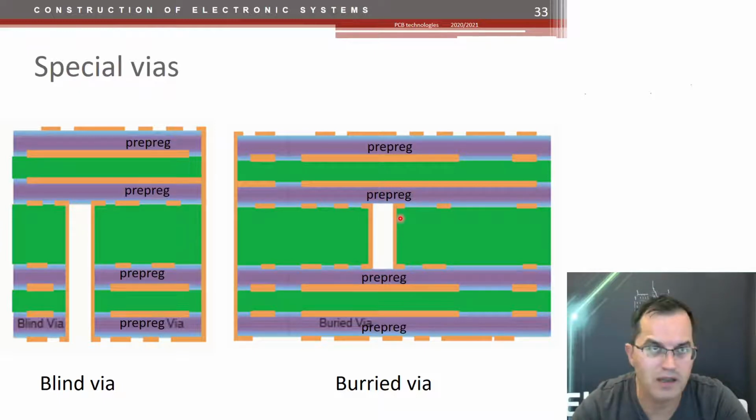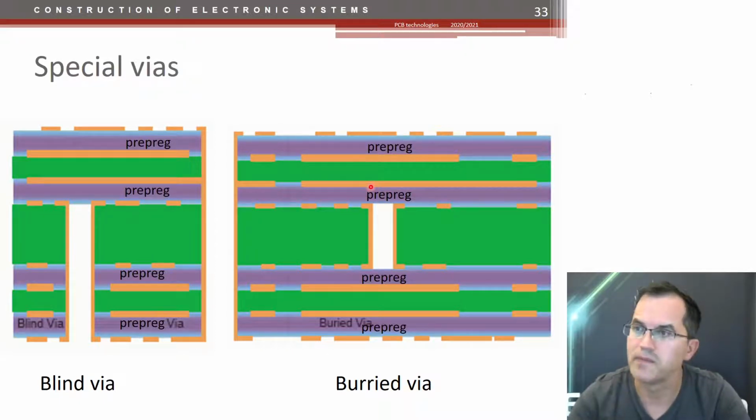But you cannot make a buried via between this and this layer here, because then, of course, this wouldn't be possible just by taking a double layer metallized hole PCB and stack it together.